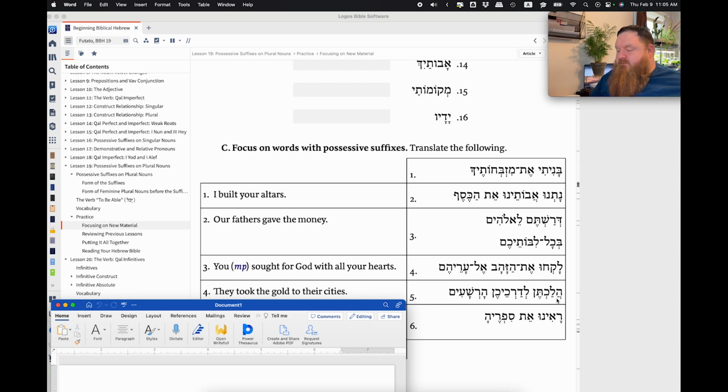All right, number 5, again, we're going to assume that we've got a verb here. We've got a lot more than 3 letters. We've got 5, so something is extra. Do we ever add a hey as a prefix to a verb? Well, we'll get there, but we haven't learned that so far. So hey is probably part of the root. Do we ever add a noon? Or, since we've got 2 extra letters, a tav segel noon?